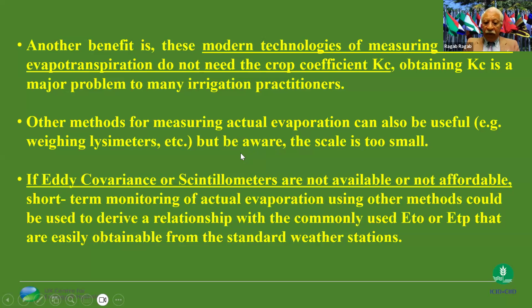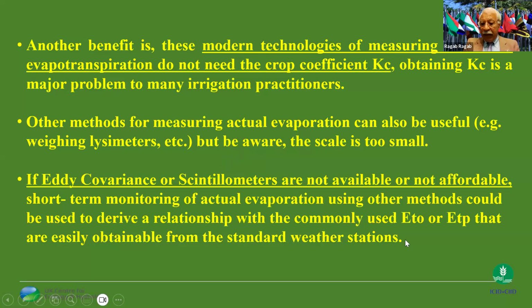Short-term monitoring of actual evaporation using any method could be used to derive a relationship with what's commonly used, ETo or ETp, that are easily obtainable from standard weather stations.